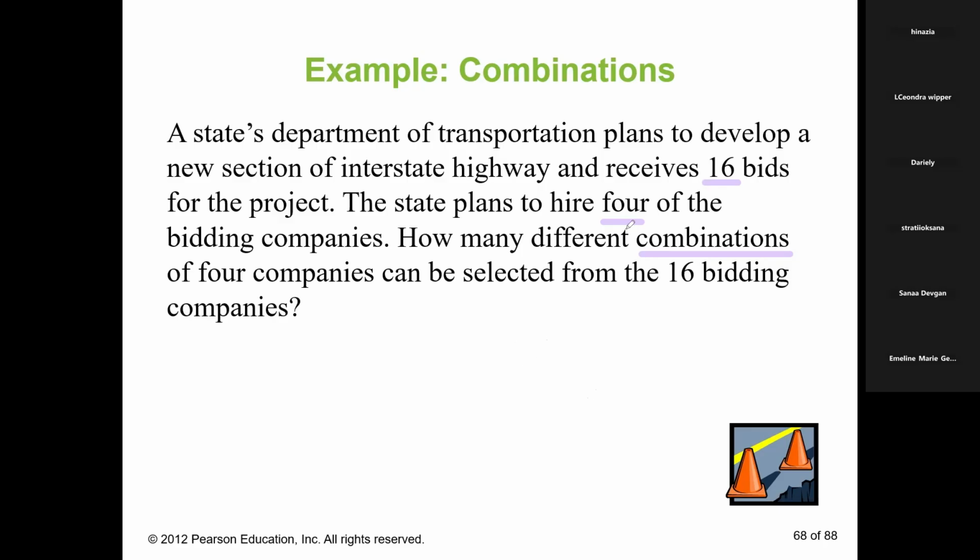So here n equals 16, r equals 4. So that would be 16C4, okay? I use the combination, not permutation here. That's why they asked, how many different combinations of 4 companies can be selected from the 16 bidding companies? Is this clear?